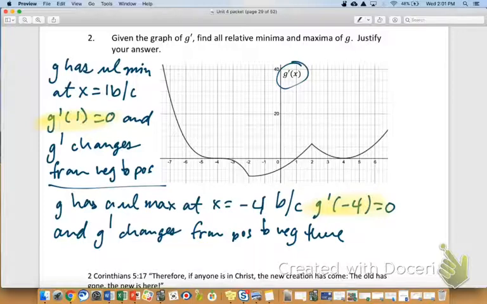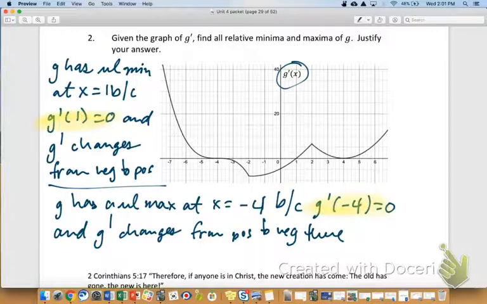We usually just say, hey, we got to have a critical point and see the sign change pattern in g prime, and that's good enough for us to use. So the short answer to your question, Anna, is yeah, you want to have that in there for sure somewhere. Maybe it was part A. Sometimes the questions in part A say, list all the critical numbers. So you list them out and say, hey, that's where g prime is 0. And then part B would be, tell us at those critical points whether you have a relative min or max. Well, maybe then you don't need to because in part A you already told me. But if it's just this, you really do have to say the whole thing.